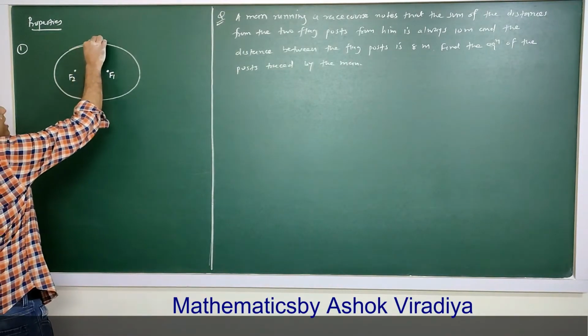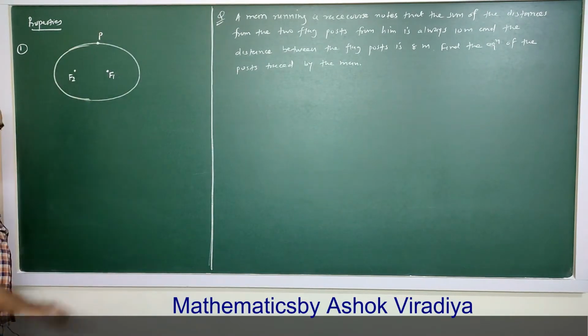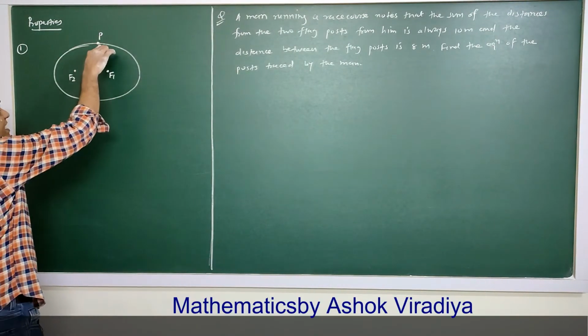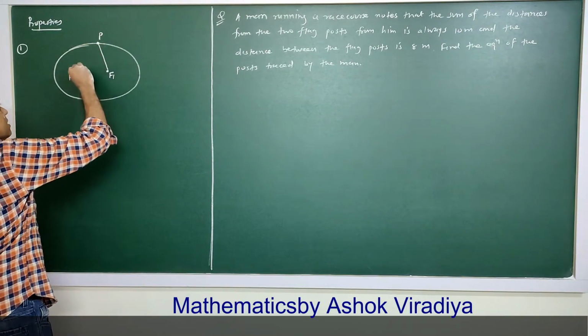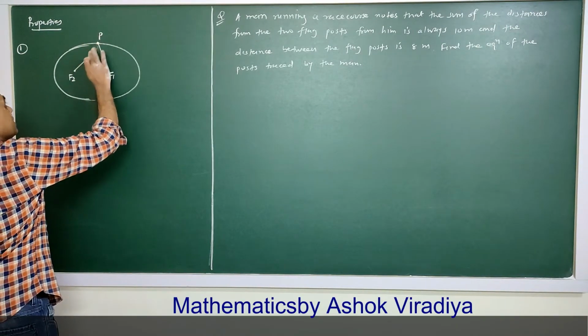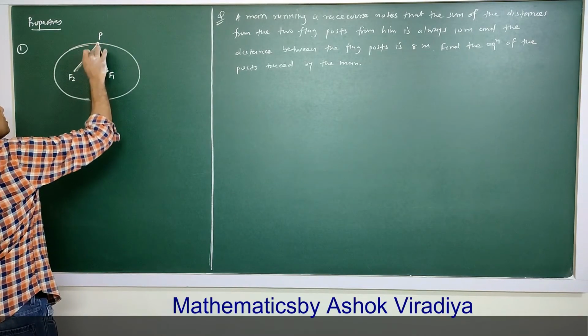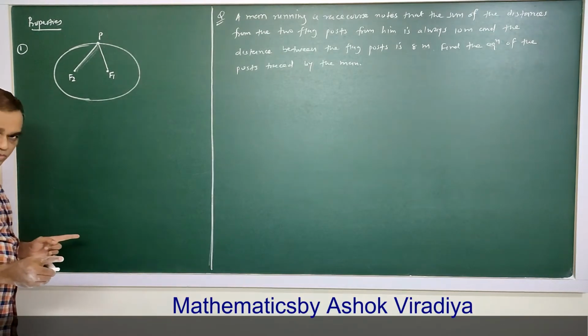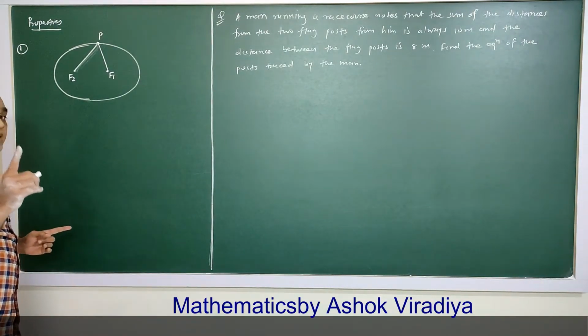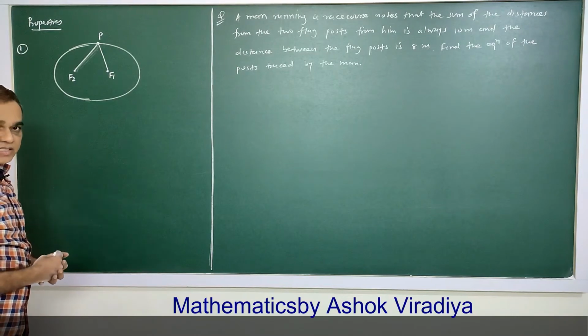P is any variable point. For any point P on this ellipse, f1p plus f2p is always constant, and this is always equal to the length of the major axis.